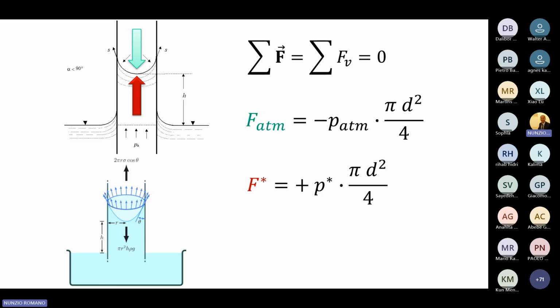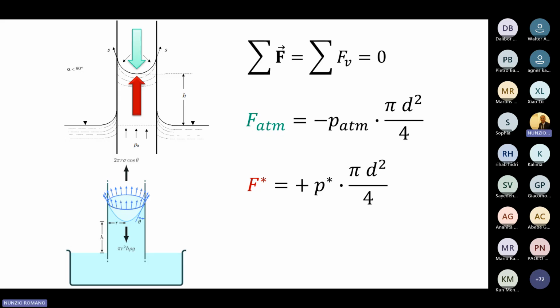This arrow is still vertical, but acts upward, so there is a plus sign. We have to multiply P star by the area, so pi d square over 4. This is not enough. Why?